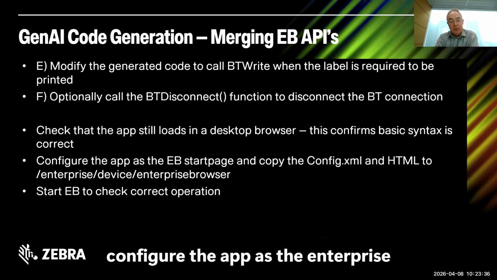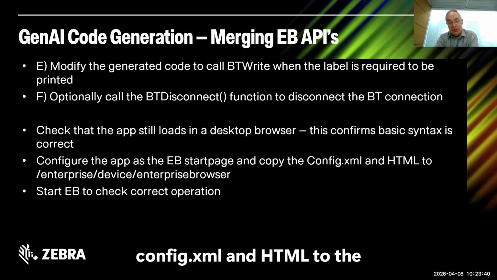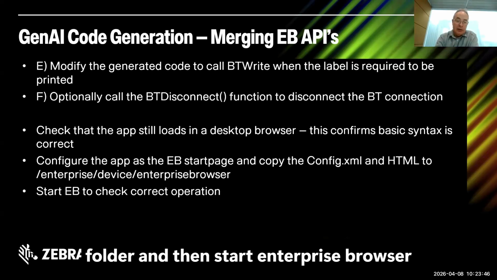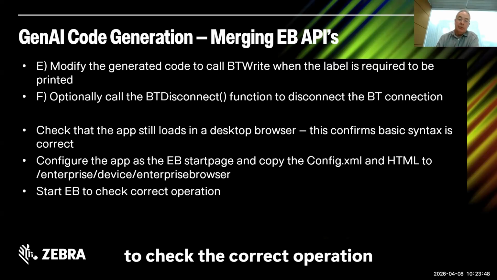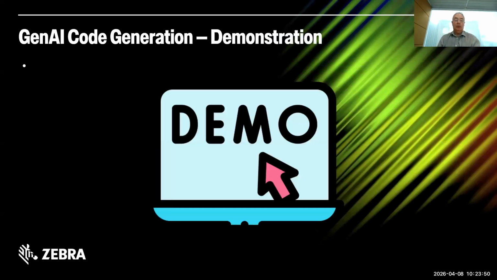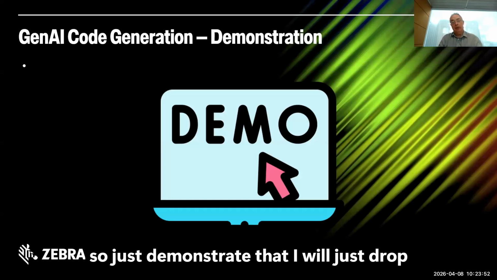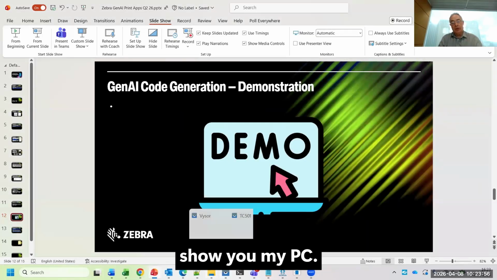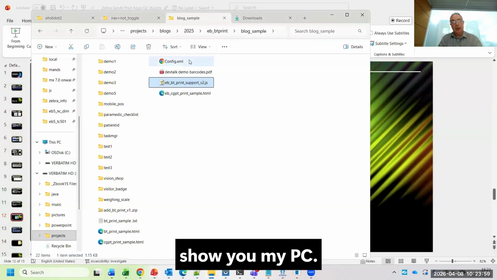Configure the app as the Enterprise Browser start page and copy the config.xml and HTML to the enterprise/device/enterprise browser folder, and then start Enterprise Browser to check the correct operation. So just to demonstrate that, I will just drop out of the presentation and show you my PC.